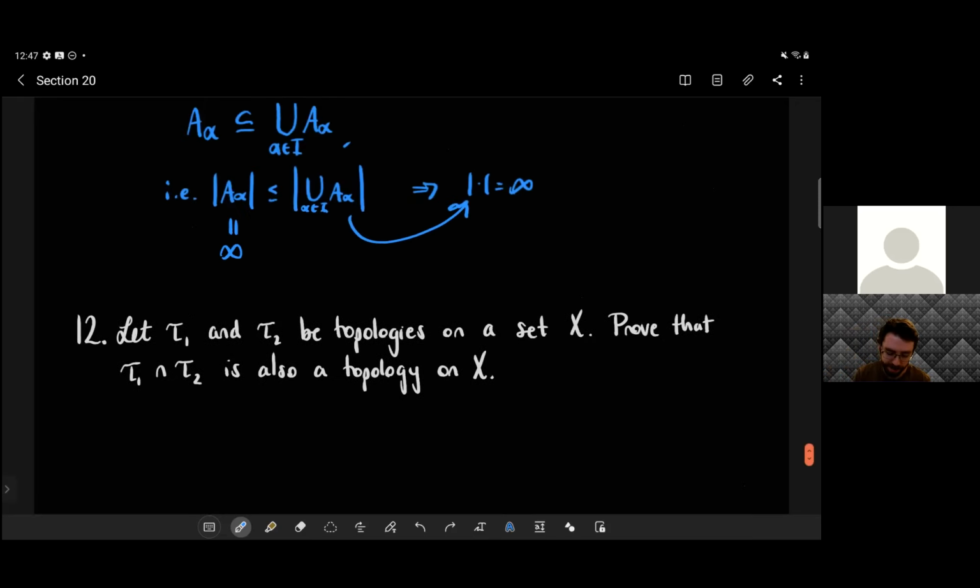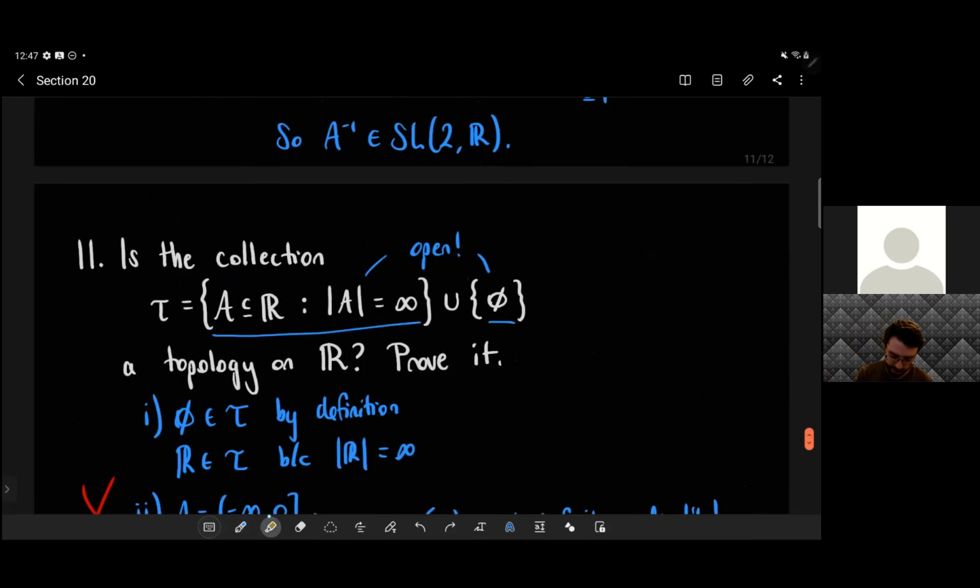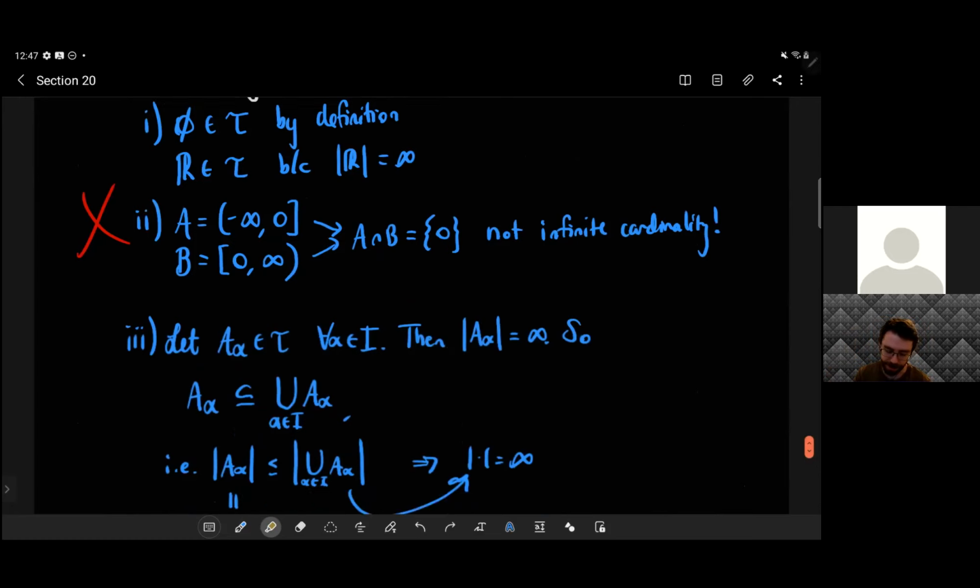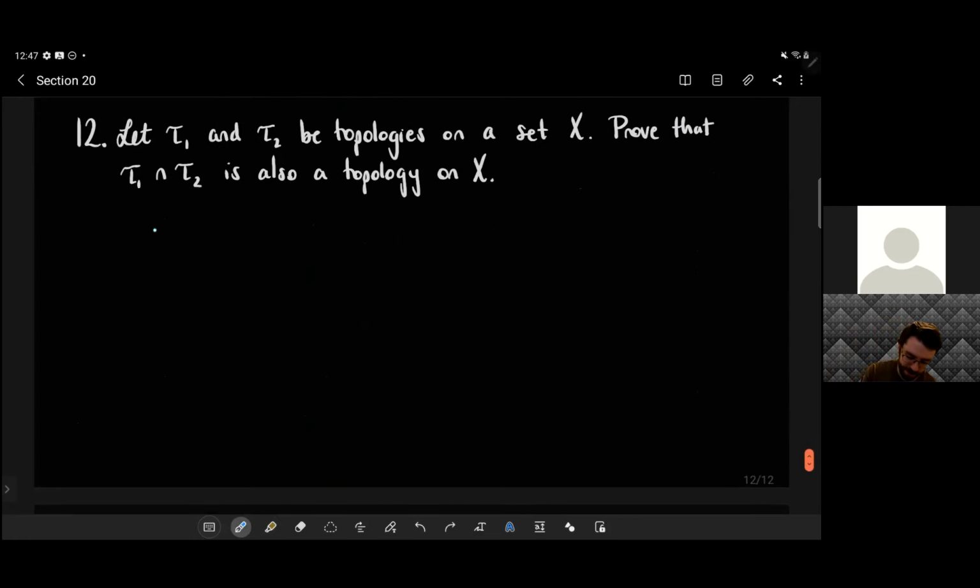Okay, so it's weird. You have to recall that a topology is actually a set in its own right. And so you can take intersections of topologies. The empty set is in their intersection, because tau1 and tau2 are both topologies, so they each individually have the empty set.